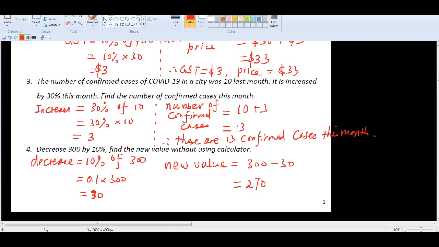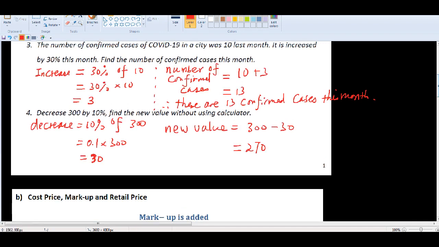Alright, so number 4, 300 decreased by 10%, so it's a decrease, right? And find the new value. Okay, so the interesting thing here is without using calculator. Can we do it without using calculator? Remember, whenever it's 10% or a multiple of 10% or 5%, we could do it without calculator.